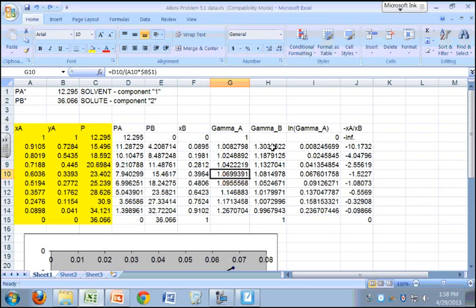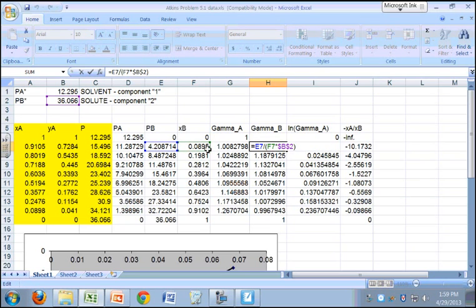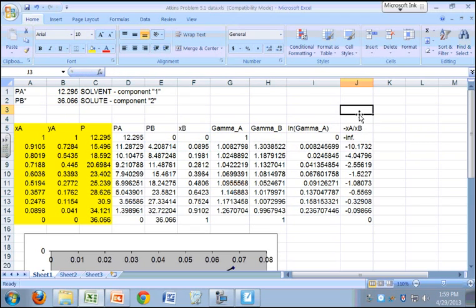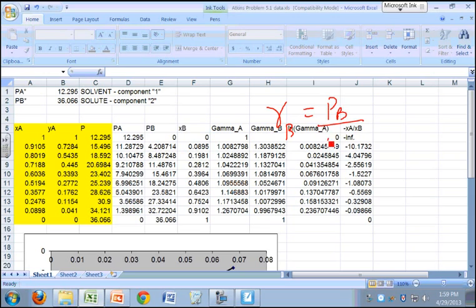Now, gamma sub B can be calculated, but this is assuming Raoult's law. It's just going to be equal to the partial pressure of B divided by mole fraction of B times the vapor pressure of pure B. So E7 right here is the partial pressure of B. That's your numerator. Okay, so gamma sub B, recall, is just PB over PB star XB, same formula.